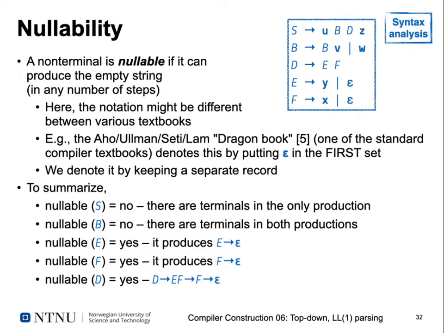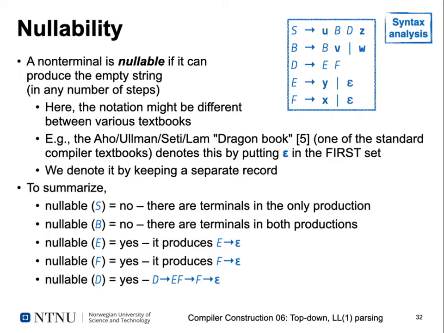One thing that's also important is a property of a non-terminal symbol that we call nullable. So a non-terminal is nullable if it can produce, in an arbitrary number of steps, just the empty string. If you take a look at different textbooks, you might find out that the notation is different between the books.